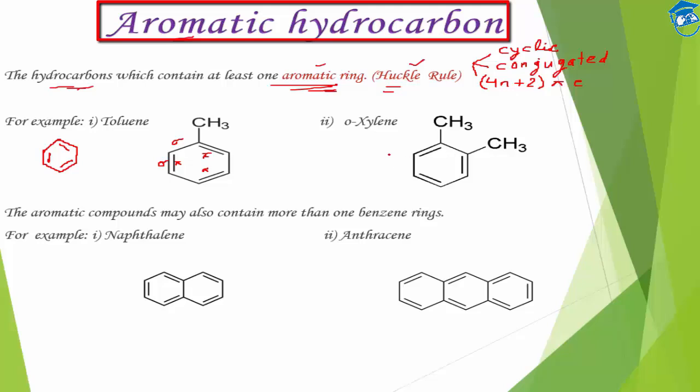And if 1 and 4 positions are occupied, these 2 positions, then it will be known as para. Similarly this is ortho. If I attach CH3 here, then it will become meta. If I attach CH3 here, this one, then it will become para.